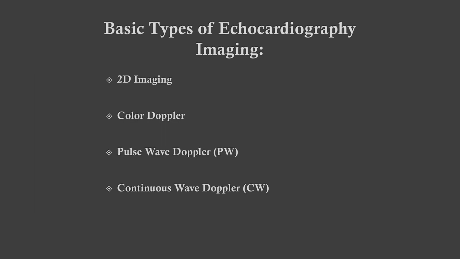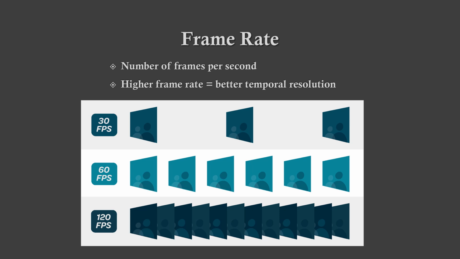Before we look into some more examples, let's overview basic types of echocardiography imaging. There's 2D imaging, color Doppler imaging, pulse wave, and continuous wave Doppler imaging. Knowing how to make use of the knobs will influence the quality of the image.